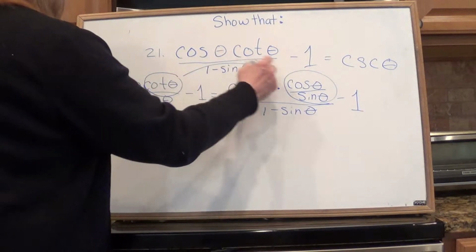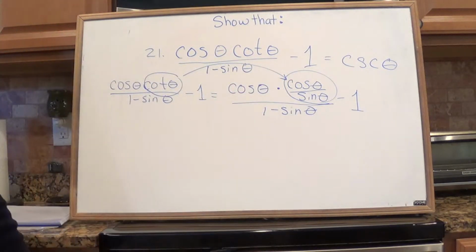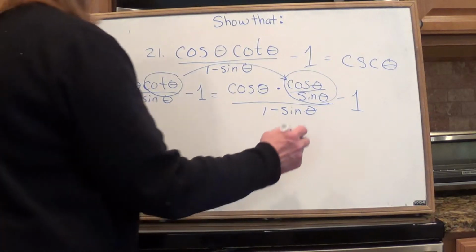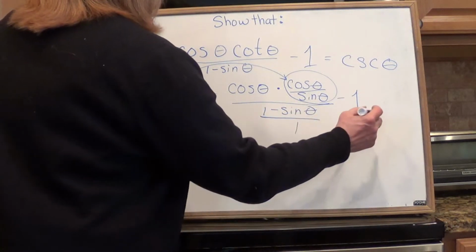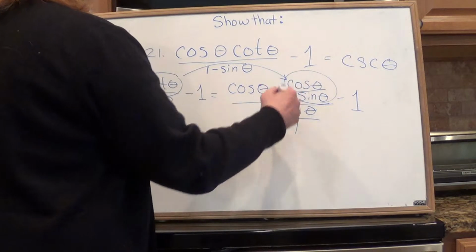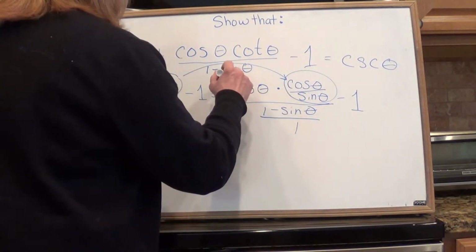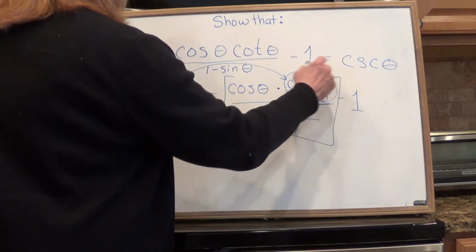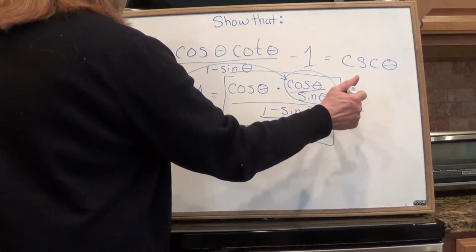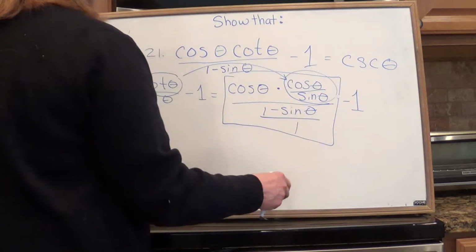So cotangent became that. Now I took this value and I flipped it and multiplied by it. Of course, I can only do that on this fraction. It can't affect the minus 1 because it's not under the minus 1.